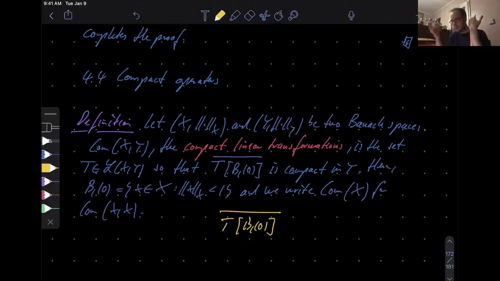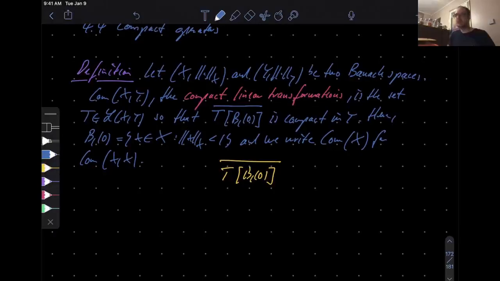This is part of the equivalent norm theorem: the dimension of a normed linear vector space is finite if and only if every bounded and closed subset is compact. But here we are in general infinite dimensions, so it is not guaranteed at all that this set should be compact. If it is, then you're dealing with a compact linear transformation. That is the distinguished special feature of compact linear transformations.